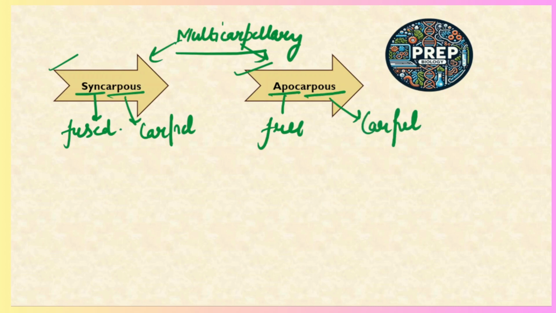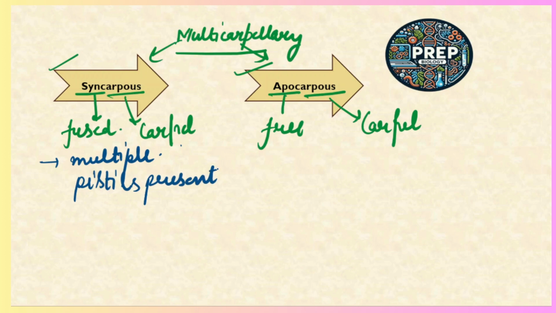So what is syncarpous? Syncarpous is the condition when multiple pistils are present, but they are, syn means fused with each other. They all are fused with each other.